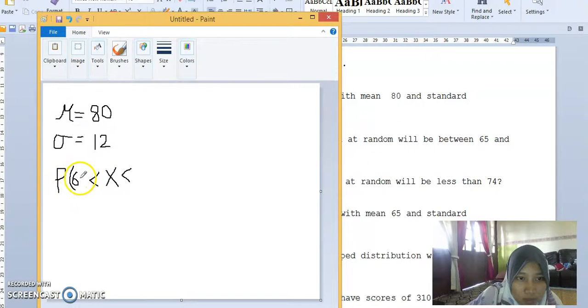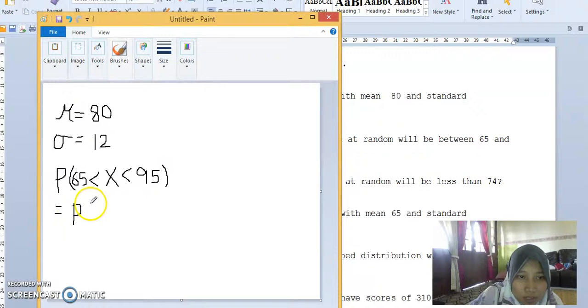Okay, so this is 65 and this is 95, right? Okay, now first of all, you need to convert both to the z-score. So you can write it down directly.